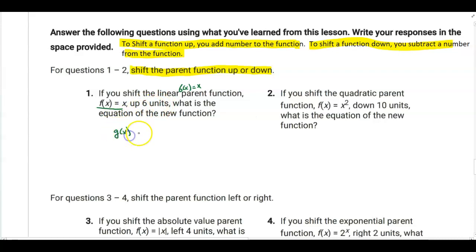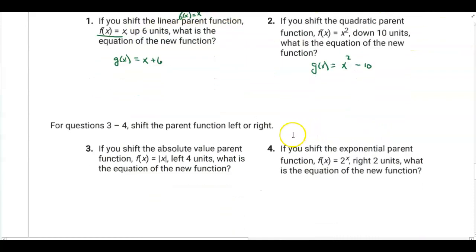Your new function g of x would be the parent function x, and you're going to add 6 to it. Now if you shift a quadratic parent function down 10 units, what is the new equation? Well, g of x is equal to the parent function's x squared, so to move it down 10, we're going to subtract 10 from that parent function.